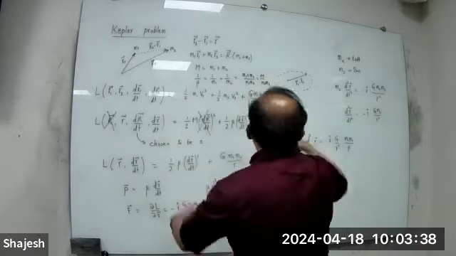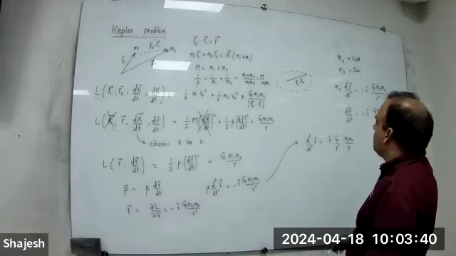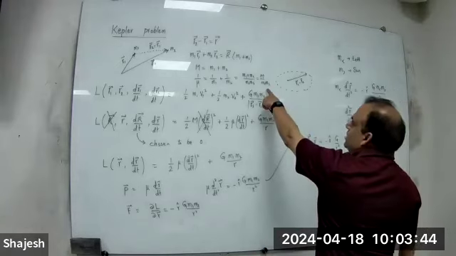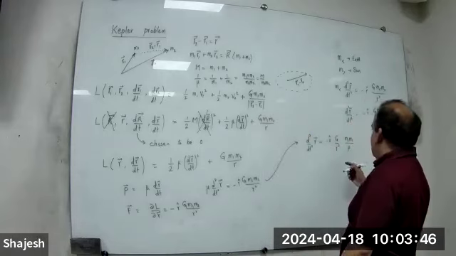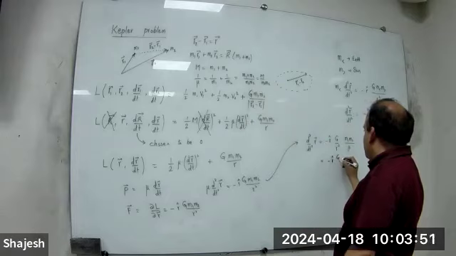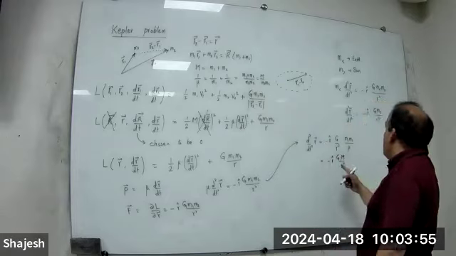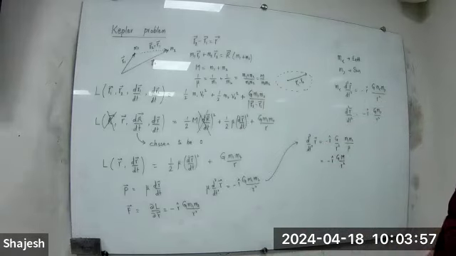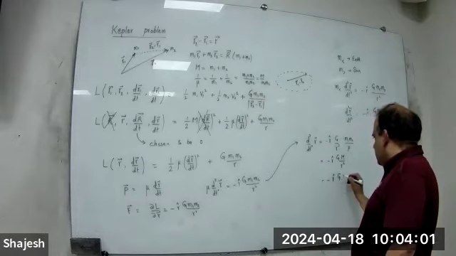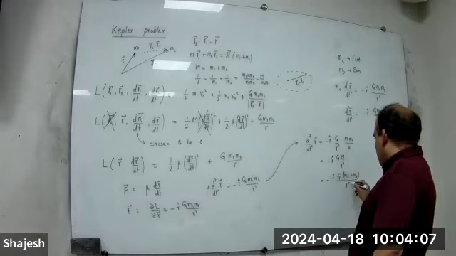So M1 M2 divided by mu is capital M. This is equal to minus R hat G M over R squared. But M is M1 plus M2, you can write it as G (M less plus M greater) over R squared.